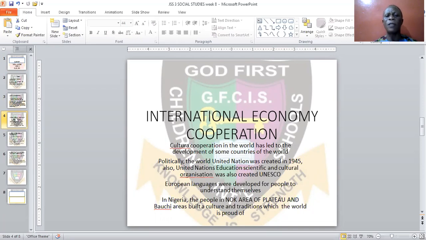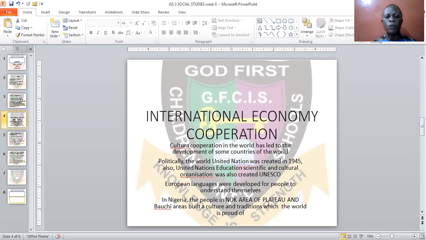Then, European languages were developed for people to understand themselves and to be able to express themselves. In Nigeria, the people in the North area of Plateau and Bauchi built a culture and traditions which the world is proud of.